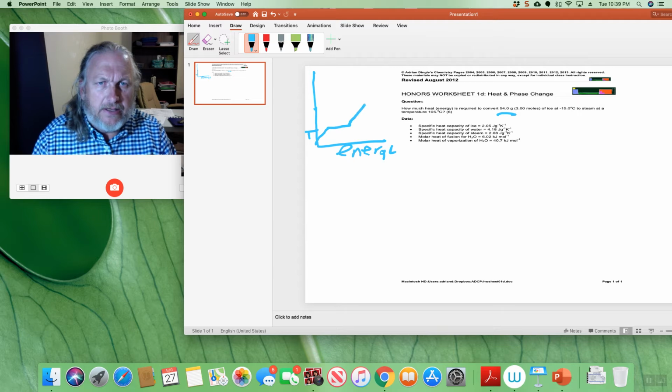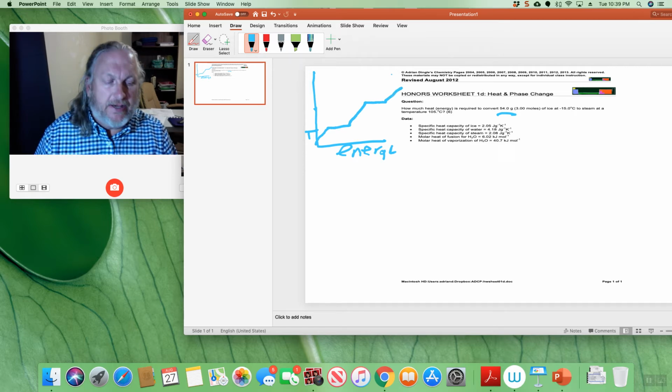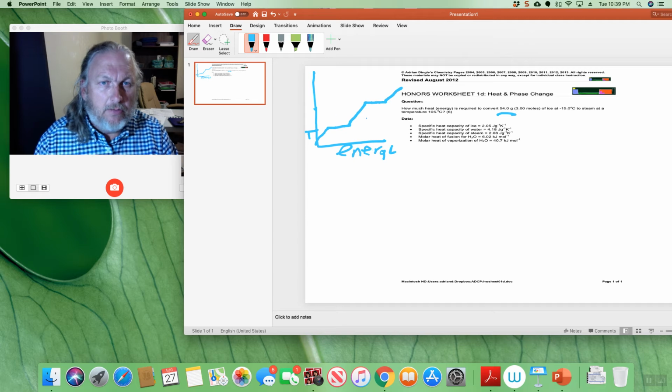I've got a slight increase until I reach 100 degrees Celsius, and then the water starts to boil. After all that water, the 54 grams or 3 moles, is boiled, I'm going to continue to go up because now that steam starts to get heat and it gets excited.